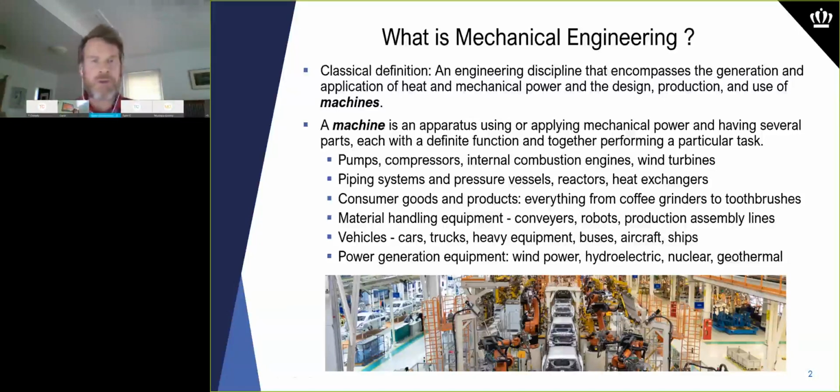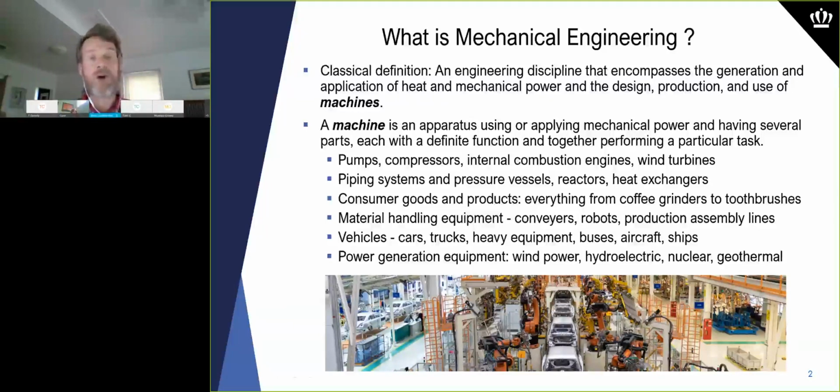We're also familiar with consumer goods such as televisions, coffee grinders, and toothbrushes. Again, they all involve some input from mechanical engineers. In the manufacturing industry, we have material handling equipment such as conveyors and robots and production assembly lines, and that's what you're seeing in the picture at the bottom, an assembly line that's using robots.